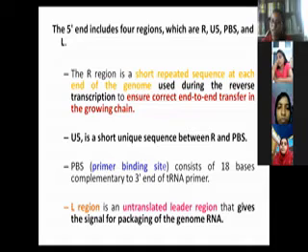U5 is a short unique sequence between R and PBS. PBS is the primer binding site and consists of 18 bases. The L region is an untranslated leader region, and it gives the signal for packaging of the genome RNA.